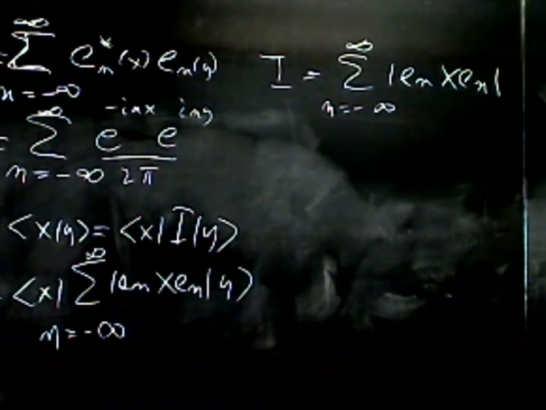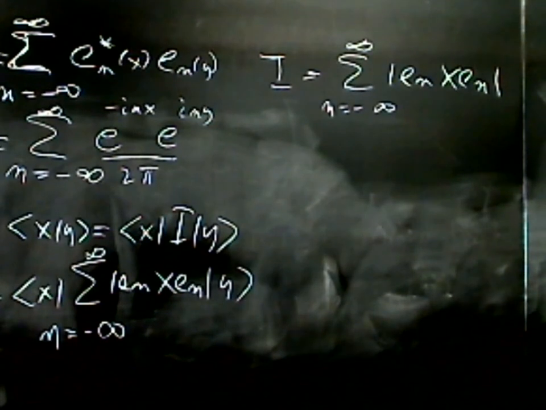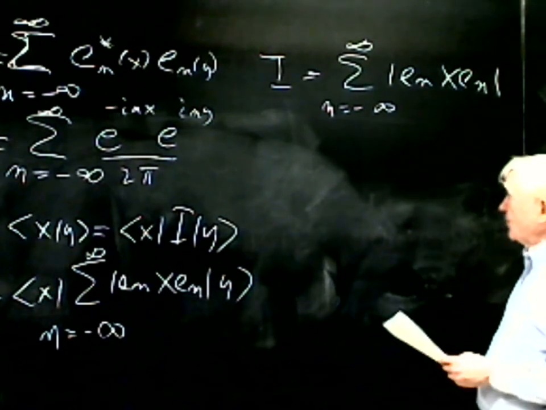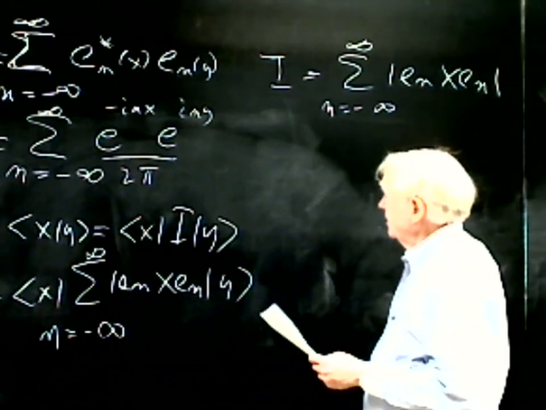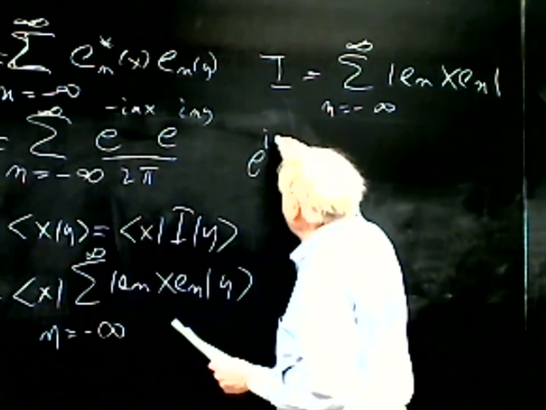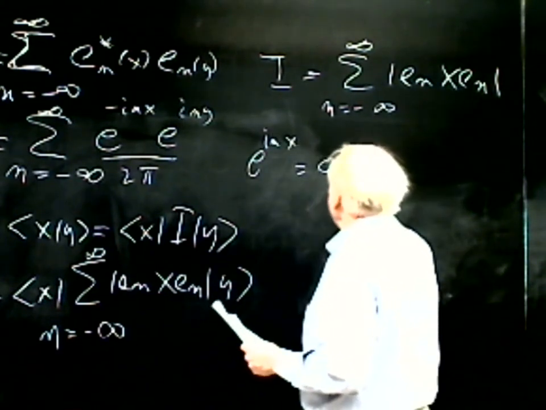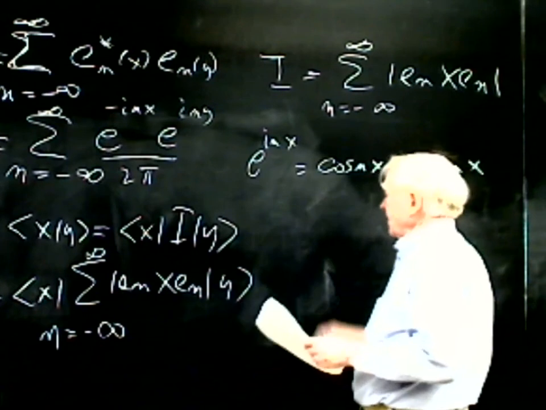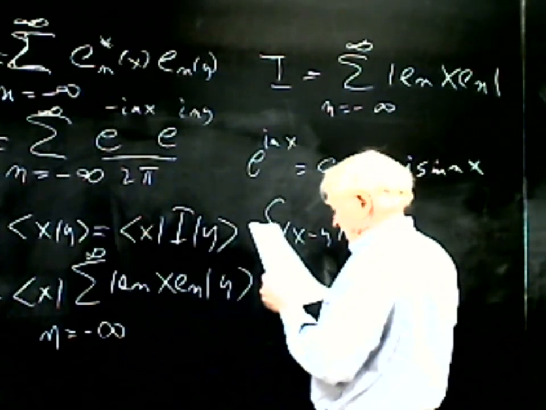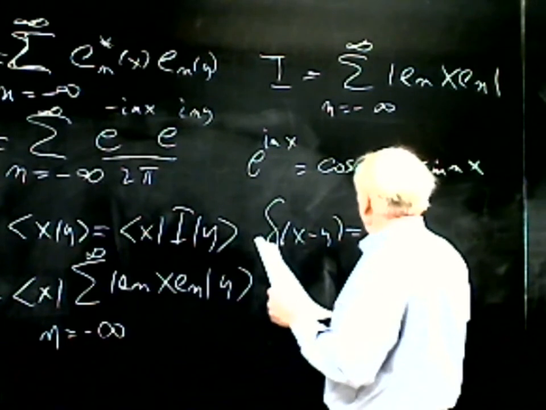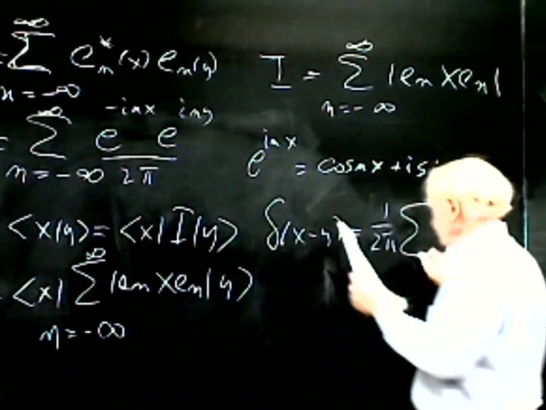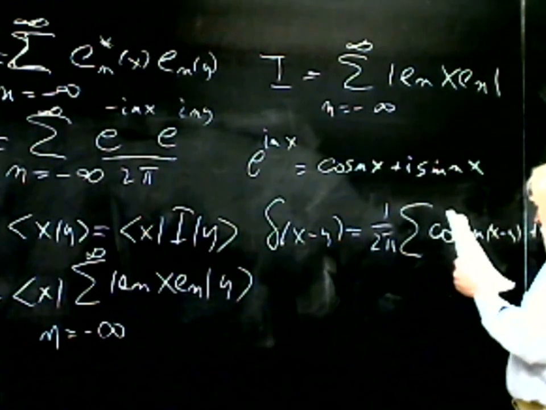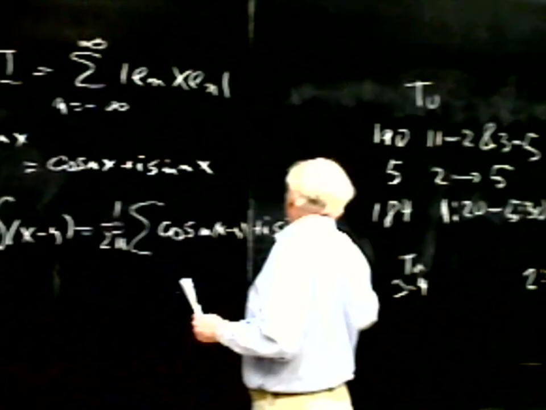All right. Well, what we can also do is we can express these, e to the i n x is of course cosine n x plus i sine n x. And consequently, we can write delta x minus y as 1 over 2 pi sum cosine n x minus y plus i sine n x minus y.